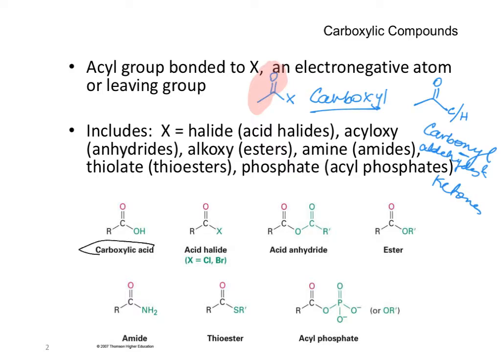So we have talked about carboxylic acids, of course, in chapter 20. We will learn how to generate acid halides from the carboxylic acids. We will also learn how to generate an anhydride, either from an acid chloride or starting from the carboxylic acid. Esters, those are the sweet smelling carboxylic acid analogs.